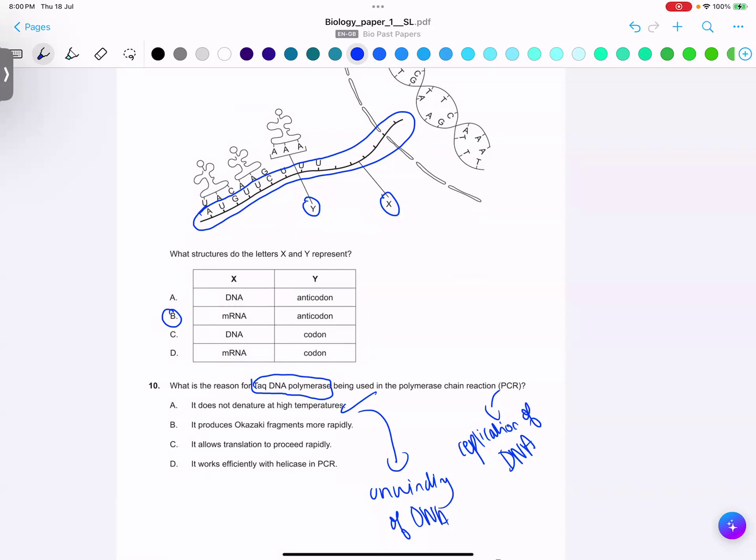So all of these do not specifically answer the reason for Taq polymerase being used, because the reason is that it does not denature at high temperature and it does unwind DNA. So the answer is in fact A. The fact that it produces Okazaki fragments is true, but that does not mean that it's the reason they use Taq polymerase, you know? So yeah.